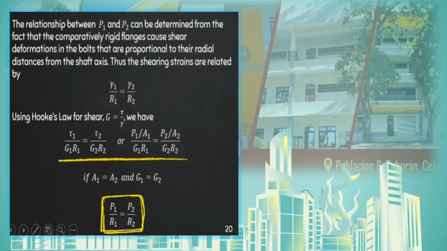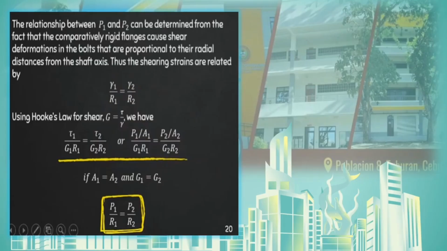Using Hooke's law for shear, G equals tau over gamma, with G as shear modulus, tau as shear stress, and gamma as strain. We substitute gamma equals tau over G into the strain ratio to get tau1 over G1 times R1 equals tau2 over G2 times R2.